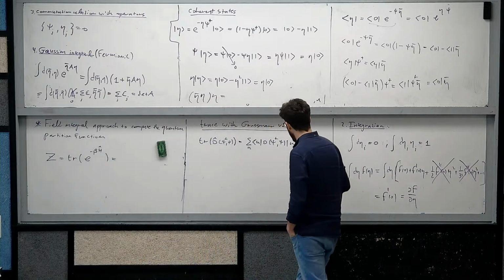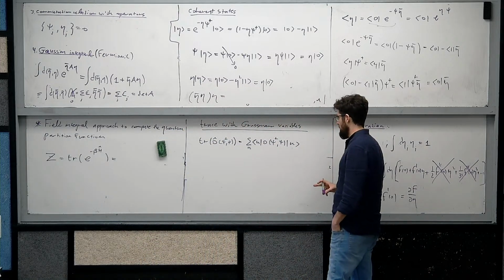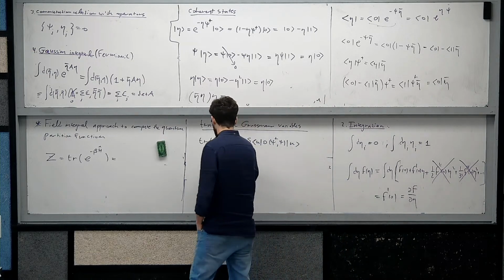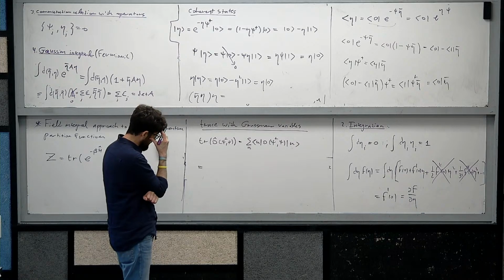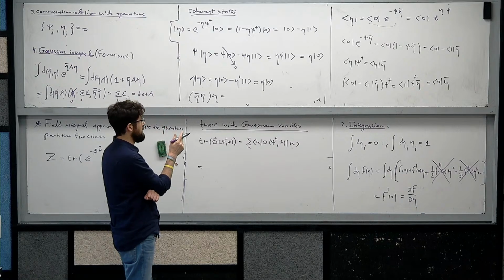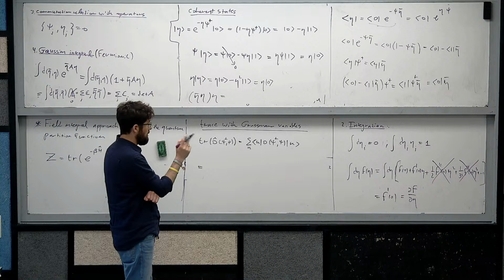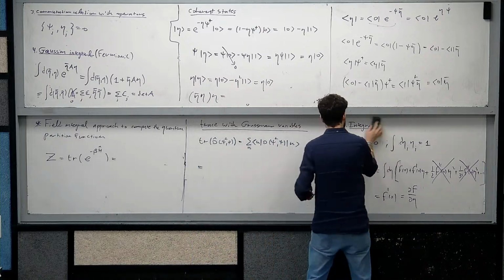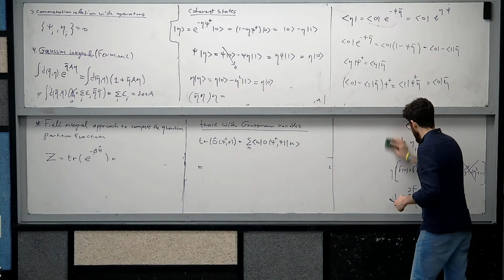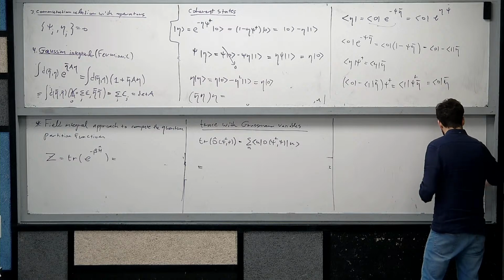Okay, and so then I can insert a resolution of identity, which I also didn't describe. What is wrong with it? Okay, so I need to, yeah, this is all mixed up.